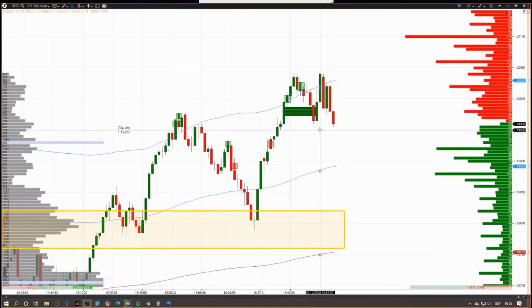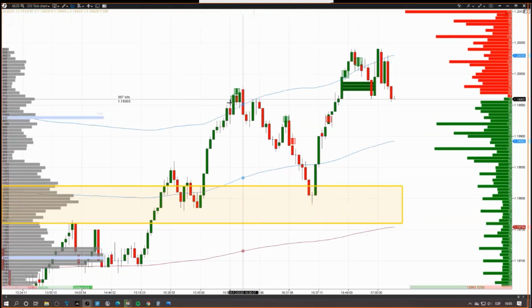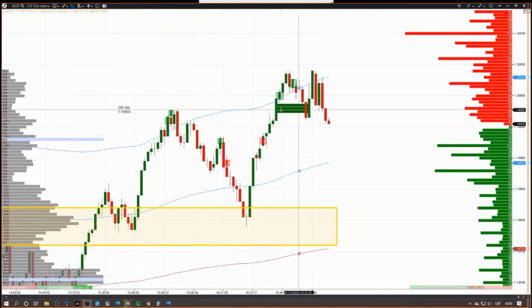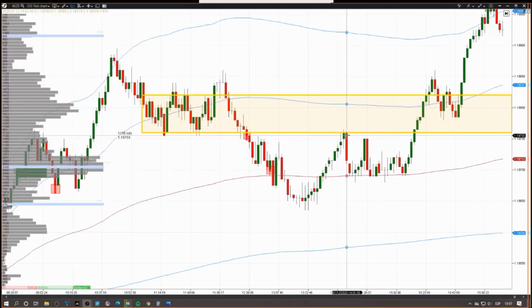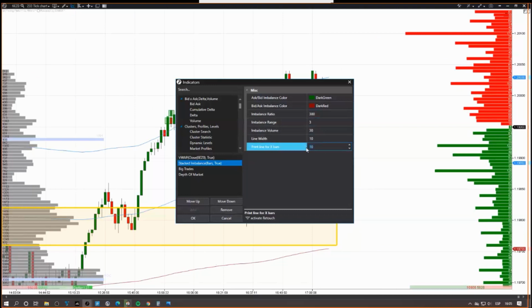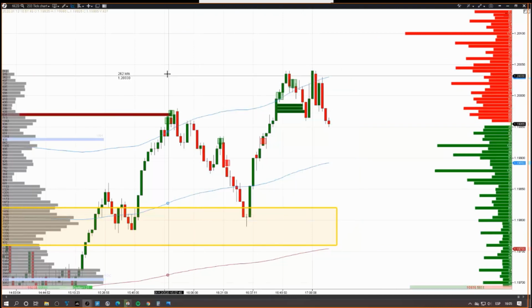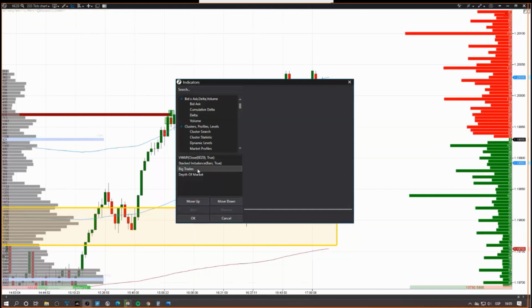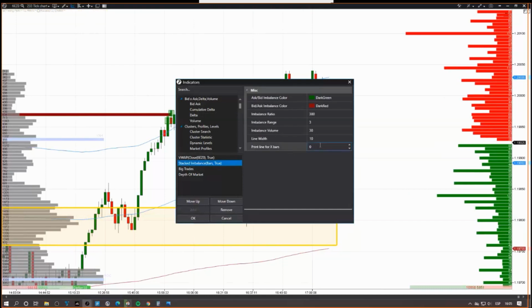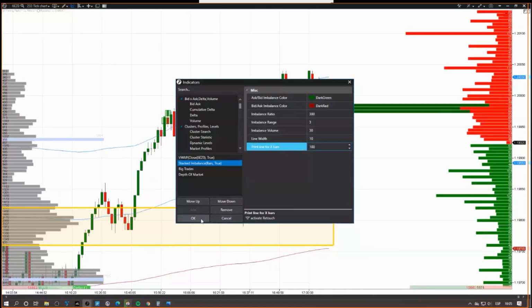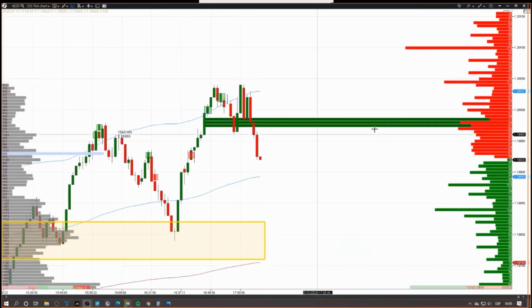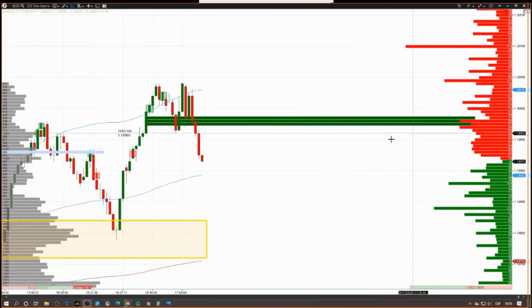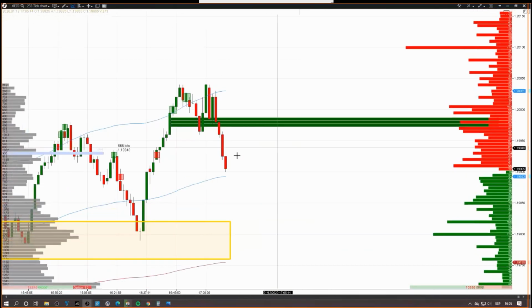Let's take a look at a few more indicators we can set up here. For example, you see these green lines. I'm going to go to the indicator chart. We can have these bars extended for, let's say, 100 bars, and we can see these as resistance or support, depending on how we configure them.